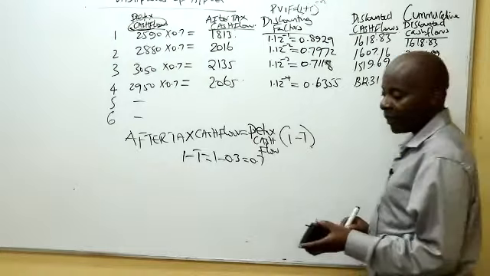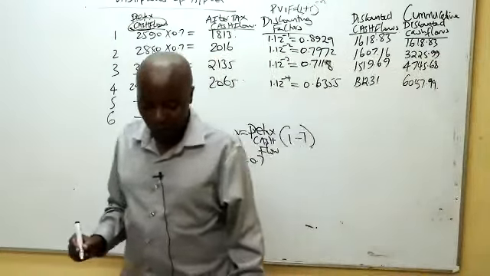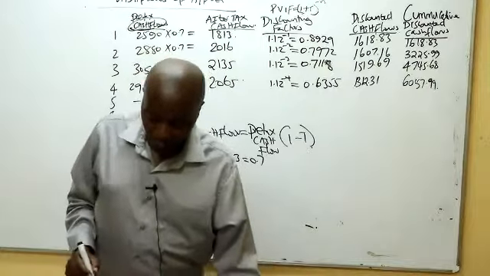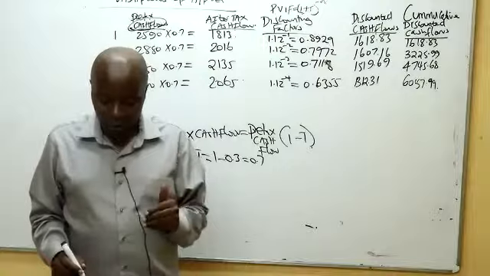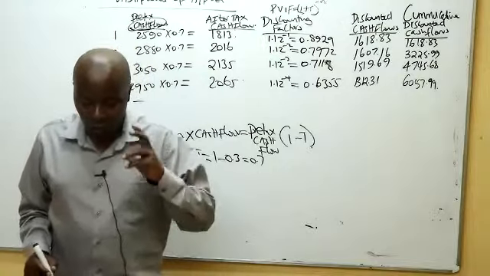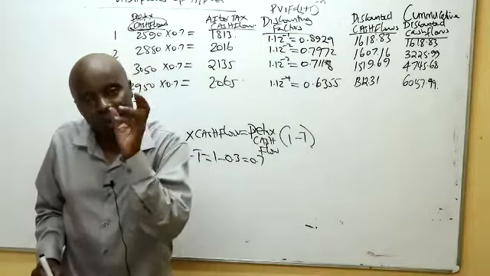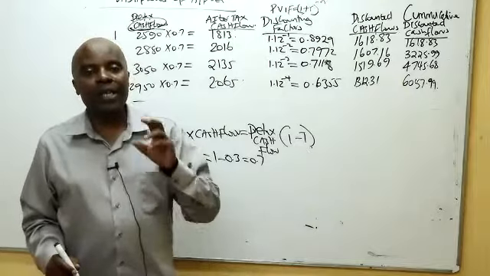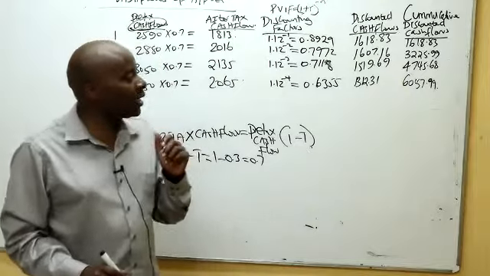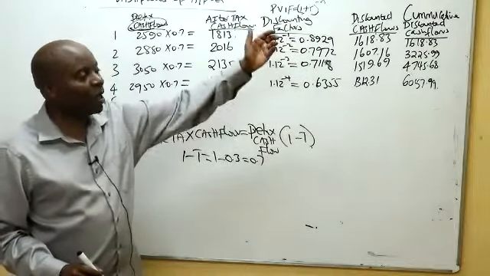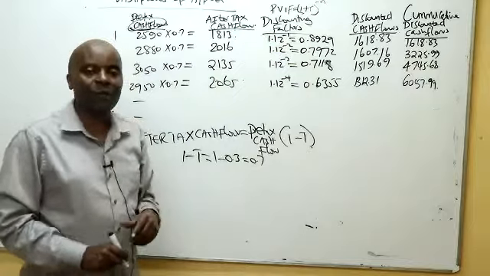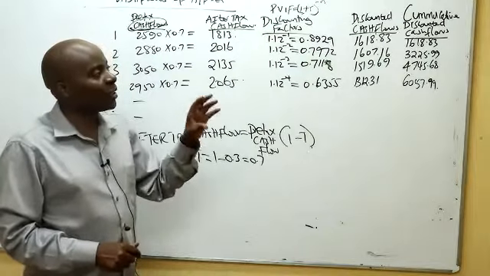Now, ladies and gentlemen, having gotten those cumulatives, the next thing for us is to locate the initial cost of the project. The initial cost of project alpha is 3.8. Can someone tell me where 3.8 falls in these cumulative discounted cash flows?